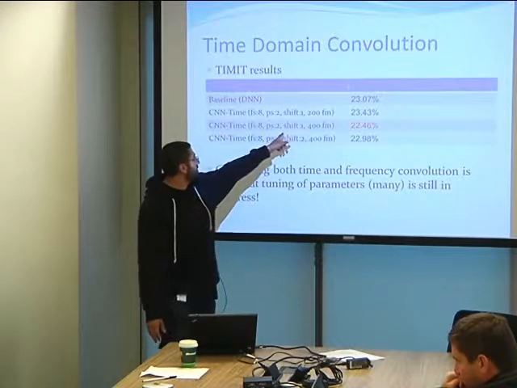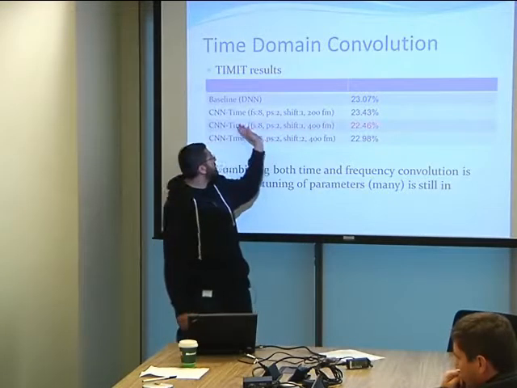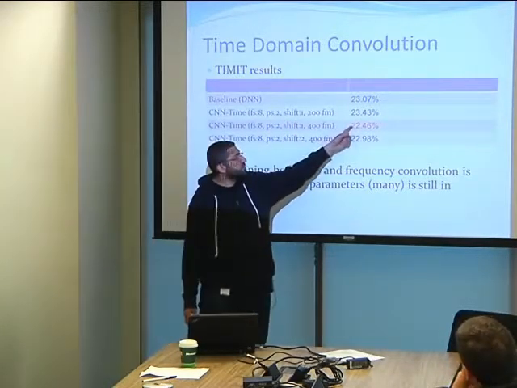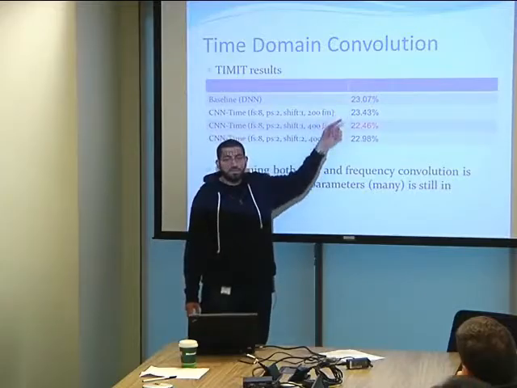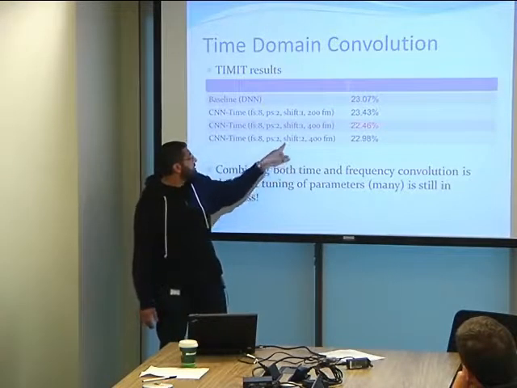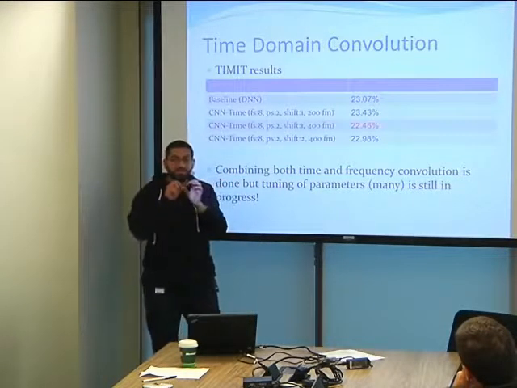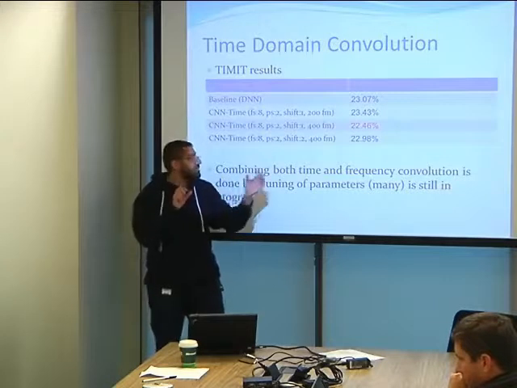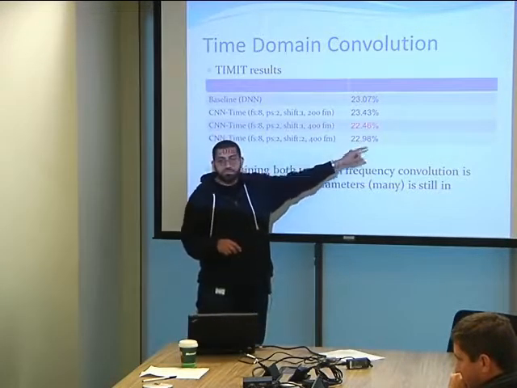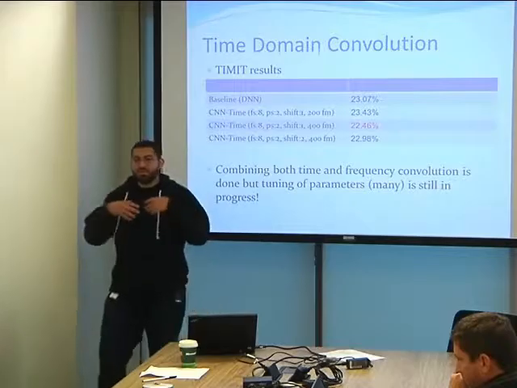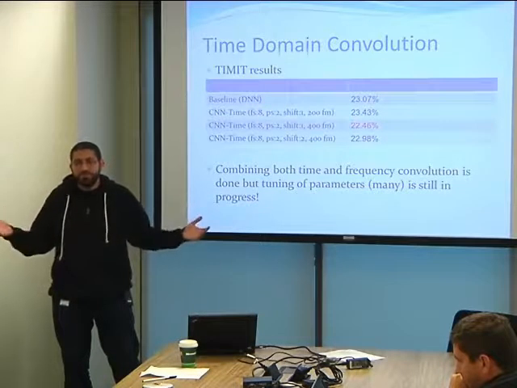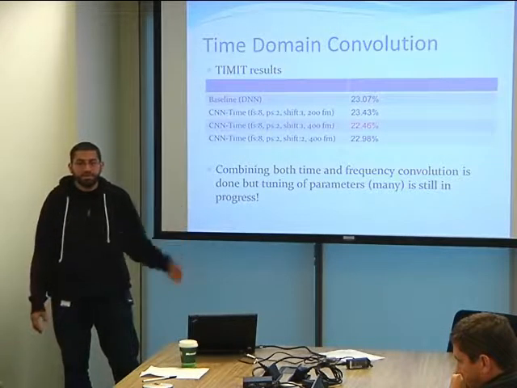For example, when I used 400, with the same set of parameters, I got a better score even than the DNN. But here I tried to use a bigger shift, and I lost some score. This may mean that if I use even more feature maps, I may get a better score.